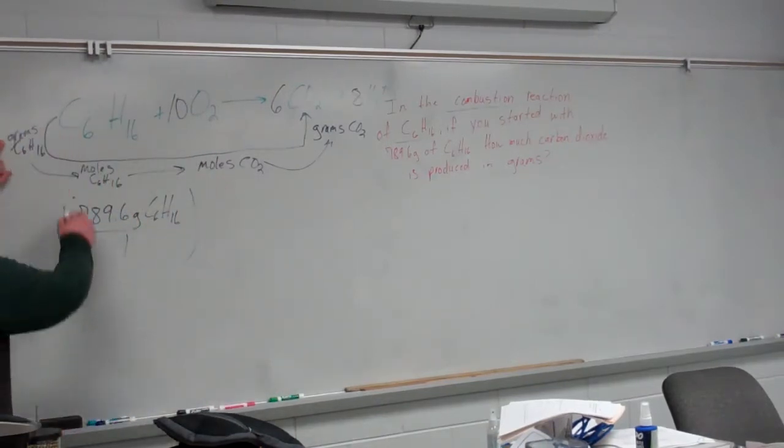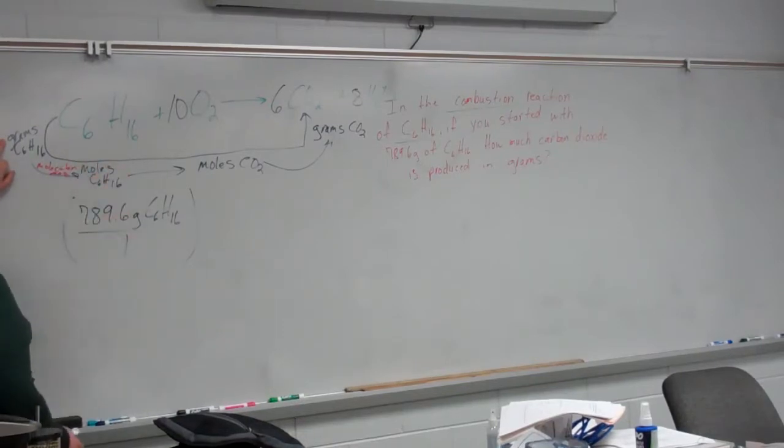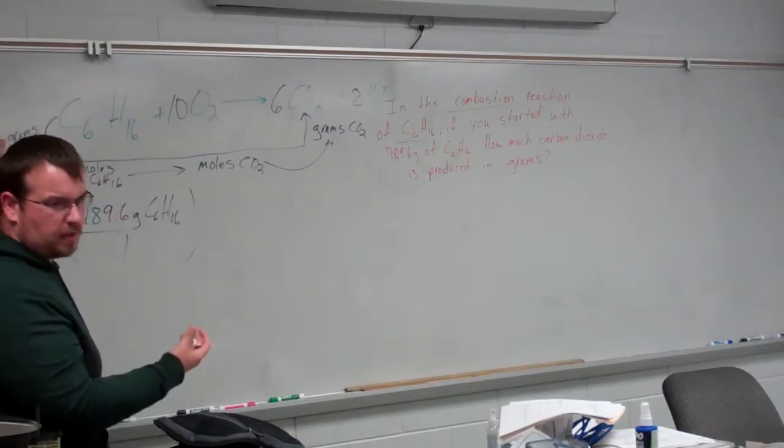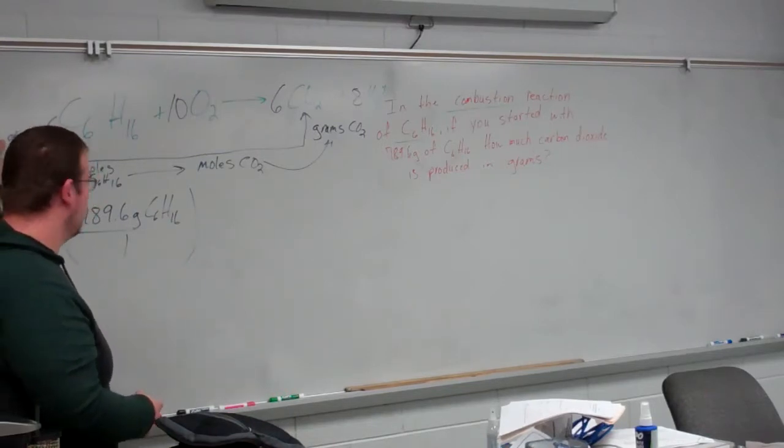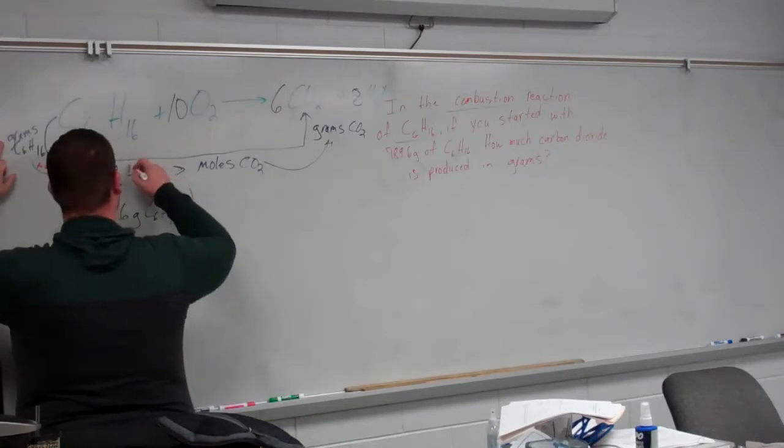When we're going from grams to moles, you're going to use molecular mass. Hopefully it makes sense now why what I said earlier, you know, hopefully you can calculate molecular mass. And then to go from moles to moles, you're going to use the mole ratio.